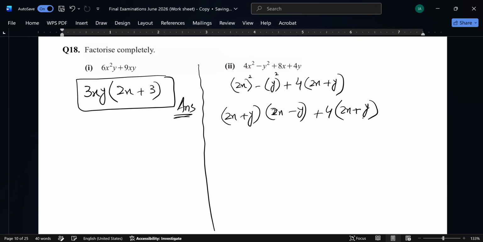As you can see, 2x plus y. Yes, we can take this as a common. The 2x plus y, we take it as a common. What we have? We have 2x minus y plus 4.